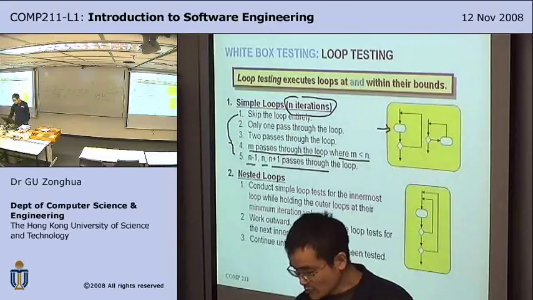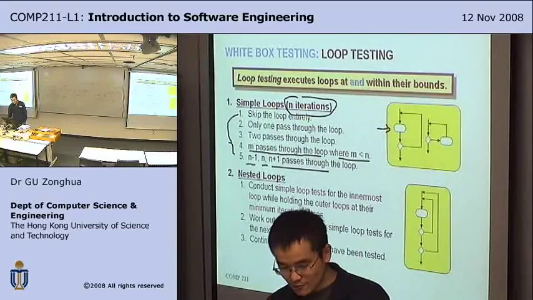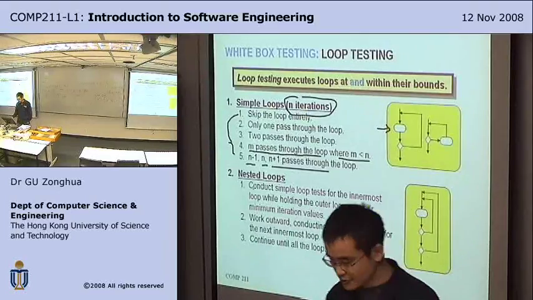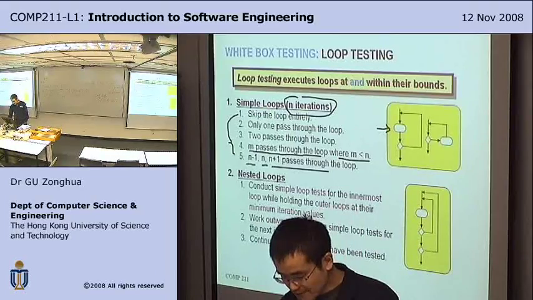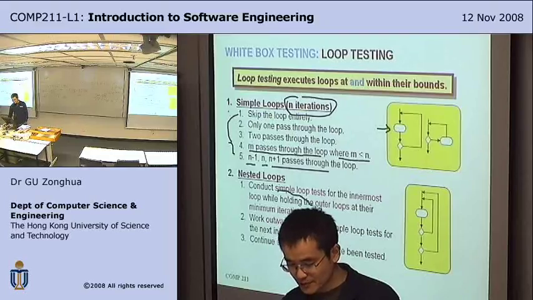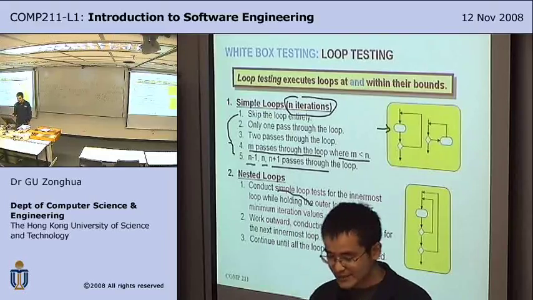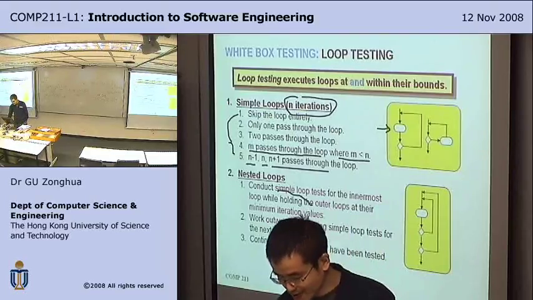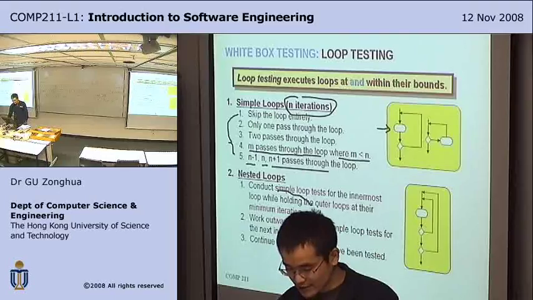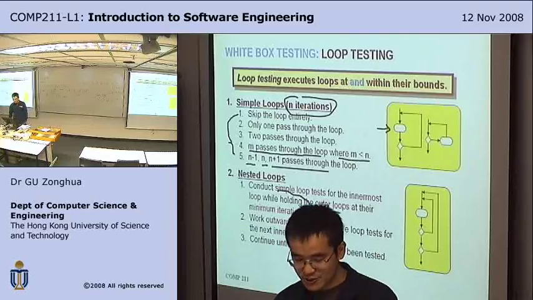For nested loops, where you have one loop with an inner loop, you start from the innermost loop and conduct simple loop tests based on the 5 cases we discussed before, while holding the outer loops at their minimum iteration values.